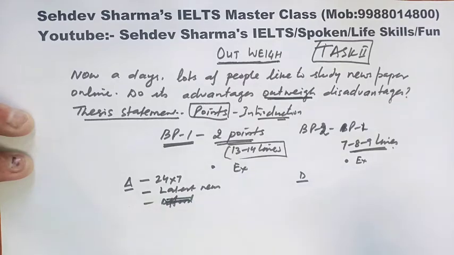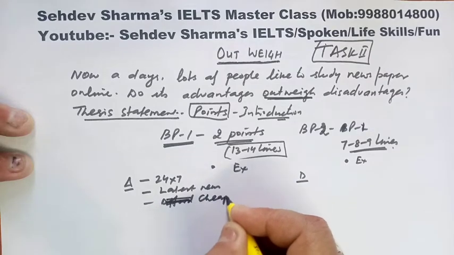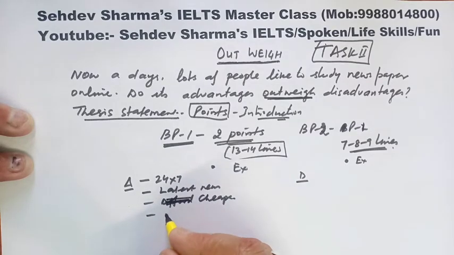Then we need to think of at least 4 advantages. We can say that it is cheaper as compared to others. Then there are no geographical boundaries, something like that.